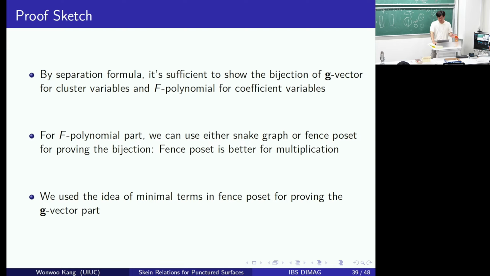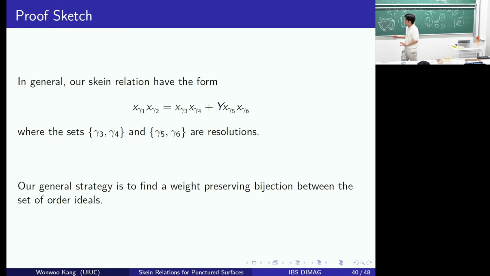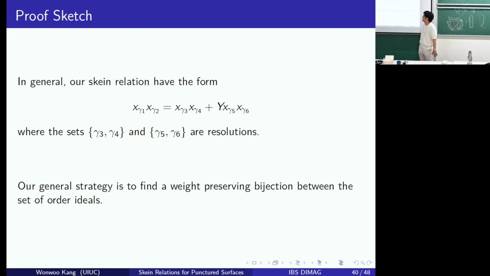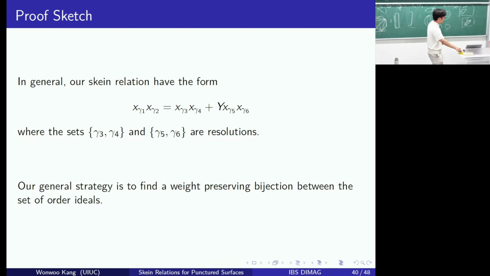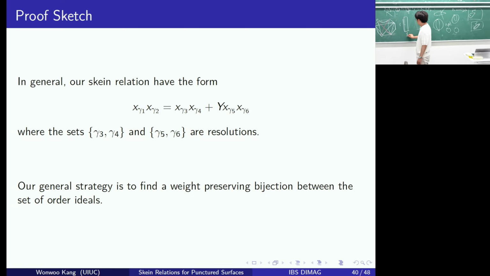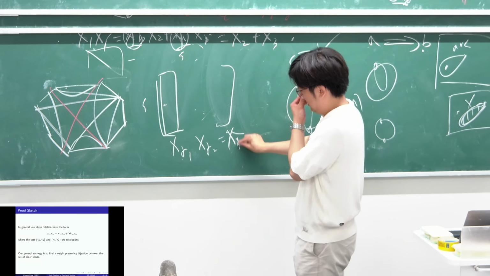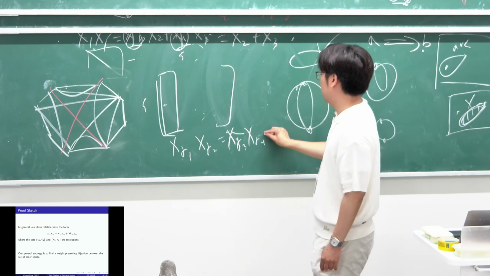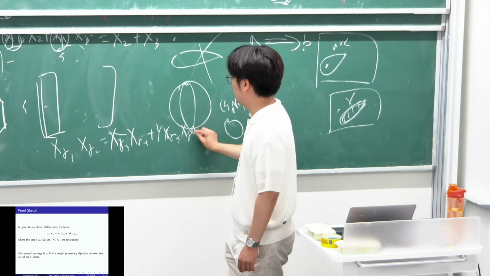And the g vector part uses something called the minimal trunk, but I'm not going to explain that part. But anyway, the big idea, as I mentioned earlier, is finding a weight preserving bijection between these sets of order ideals. So the big statement is like x gamma 3 x gamma 4 plus y x gamma 5 x gamma 6.